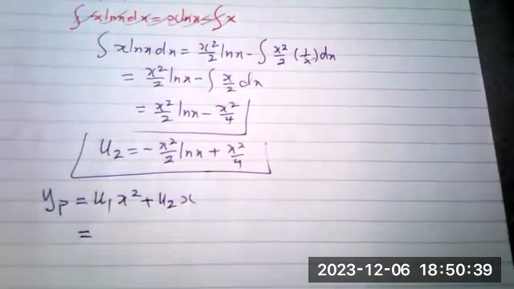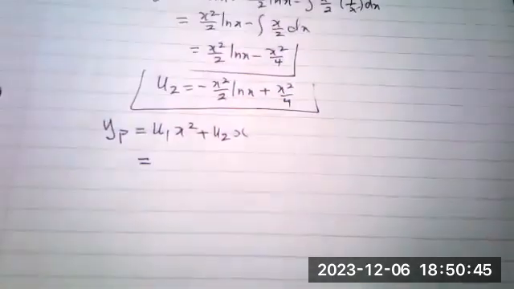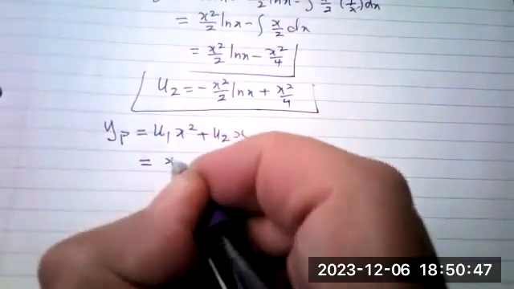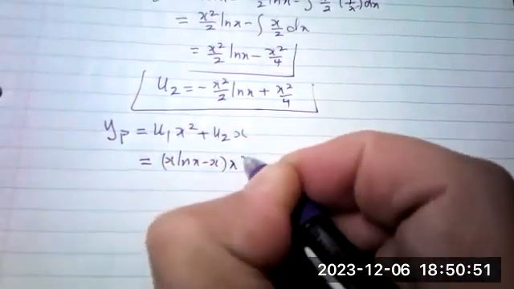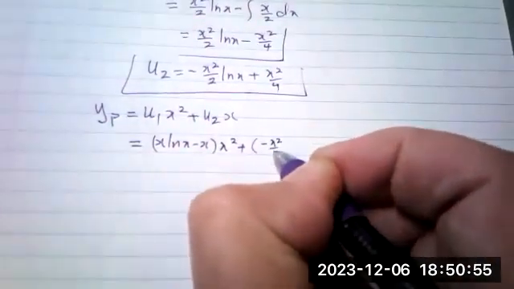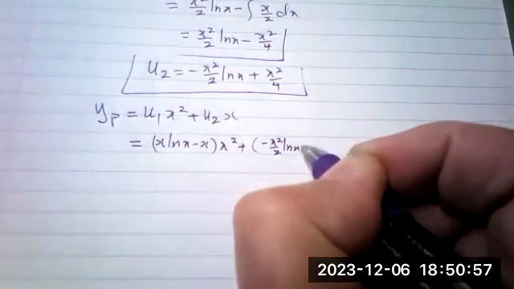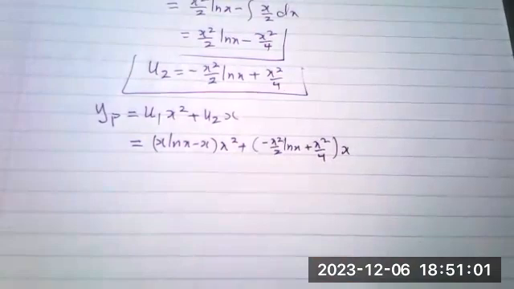So this is going to be equal to the u1. What was the u1? X ln x minus x. X ln x minus x times x squared. And the u2, negative x squared over 2 ln x plus x squared over 4 times x again.